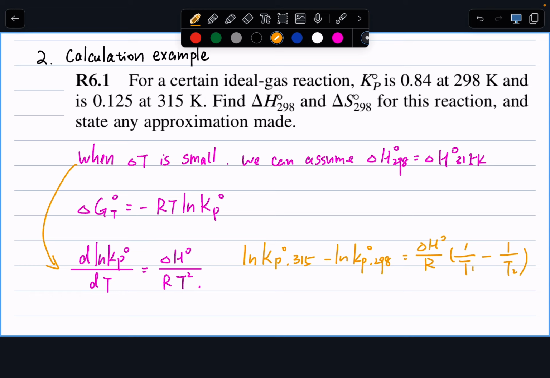Kp naught at 315 is 0.125, so ln 0.125 minus ln 0.84 equals delta H over my gas constant times 1 over 298 minus 1 over 315, and you can solve for delta H from here. And we get delta H naught equals negative 87.5 kilojoule per mole.